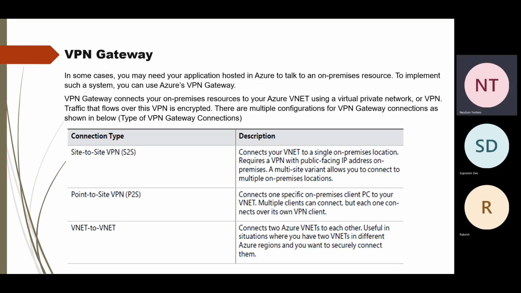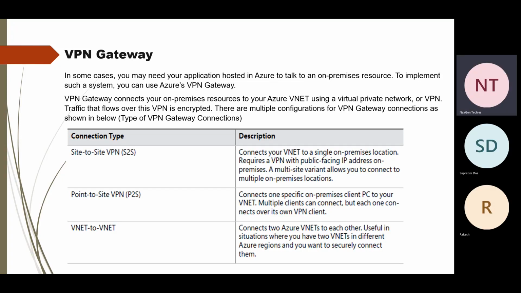Then point-to-site, P2S. This connects a specific on-premise client PC to your Azure. Like if you are working remotely, work from home, and you want to connect to your Azure network, then you can use P2S.